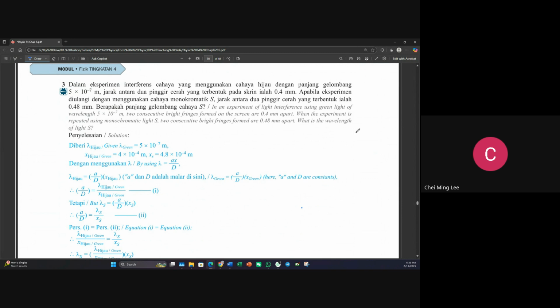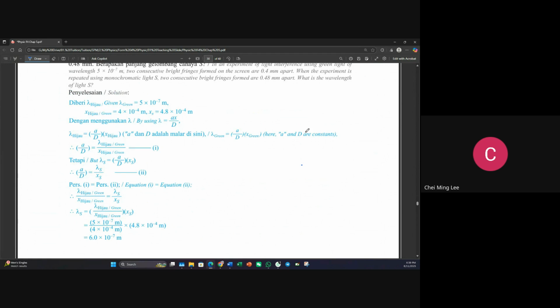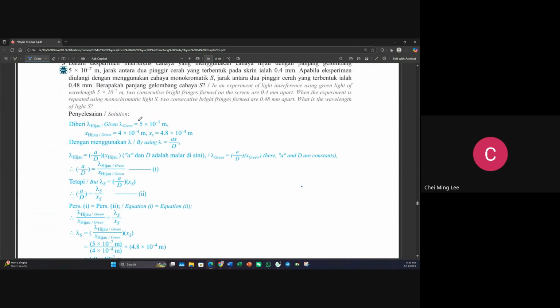So what's the wavelength? Provided that the green one has a wavelength of 5 times 10 to the power of -7 meter. Okay, this is the wavelength. And then for the green one, the x is 0.4 mm, which means 4 times 10 to the power of -4 meter.